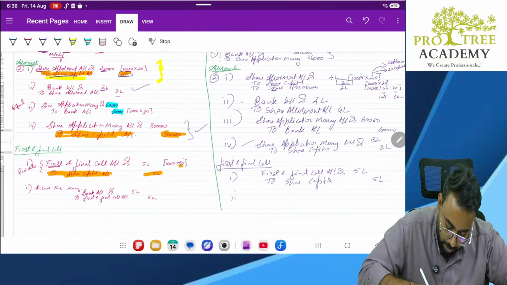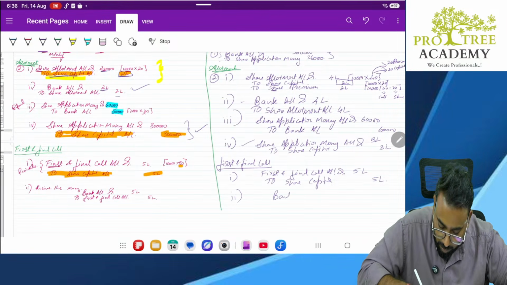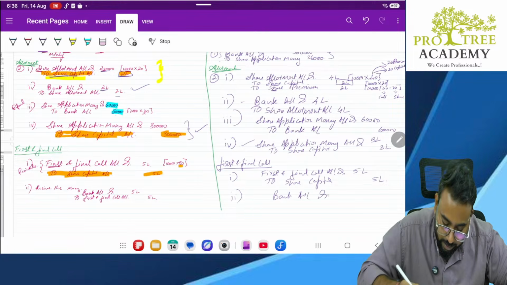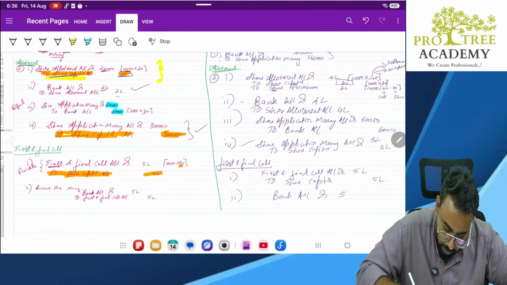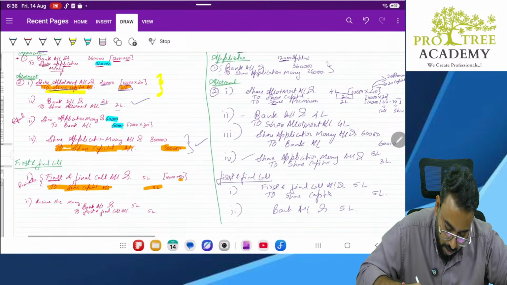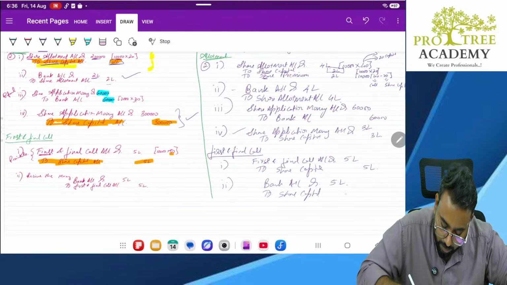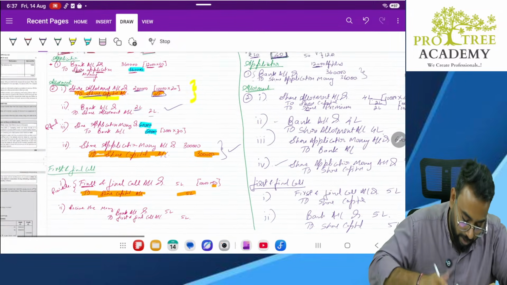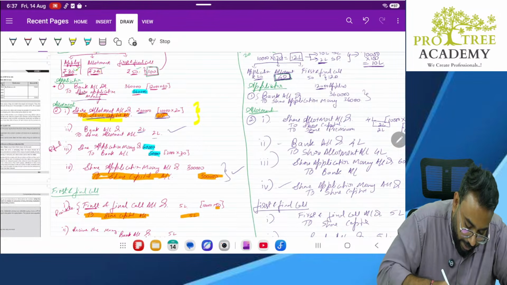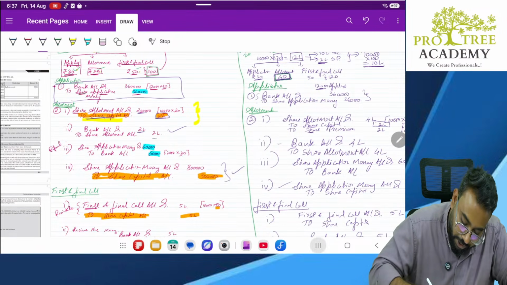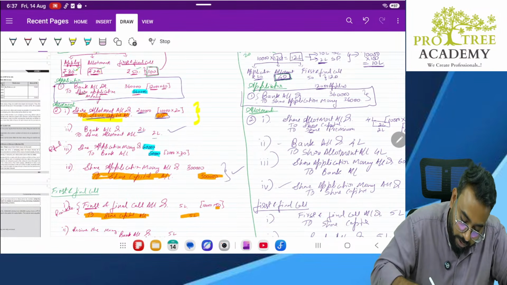When you receive the money, it will be bank account debit 5 lakhs to share capital 5 lakhs. See, observe carefully. This entry, no change, including the amounts, same entry.